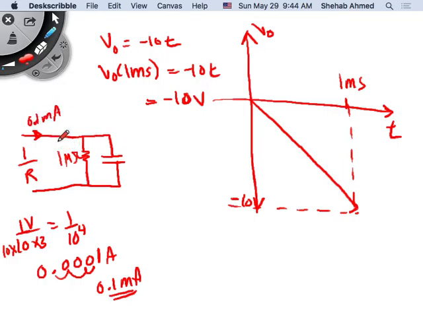We said that in steady state the capacitor will be open circuited. So I know that after a very long time, this capacitor voltage will be this current multiplied by 1 mega ohm, right? So it's 0.1 milliamps multiplied by 1 mega ohm.